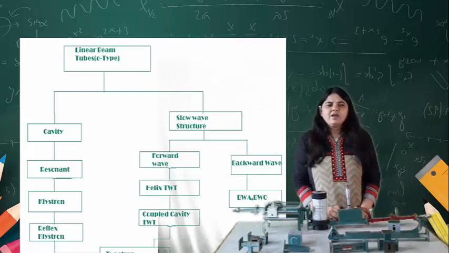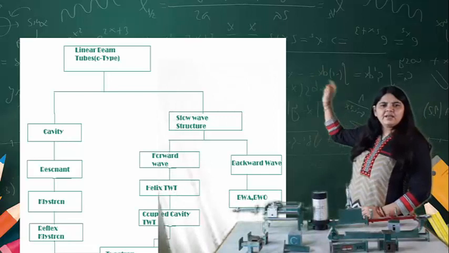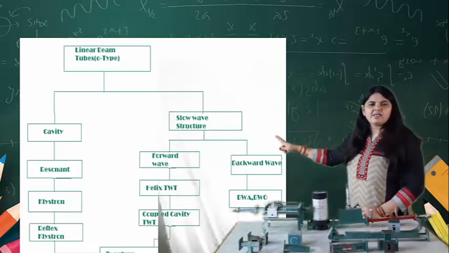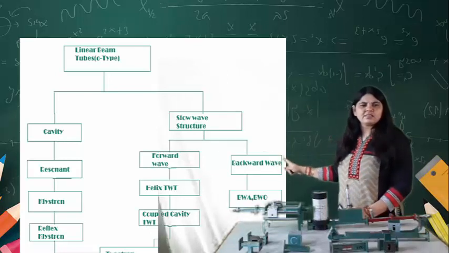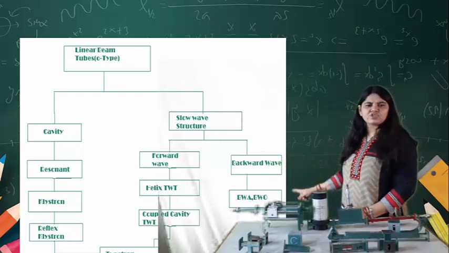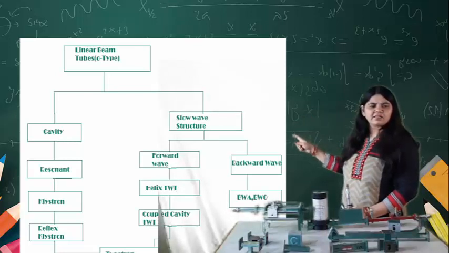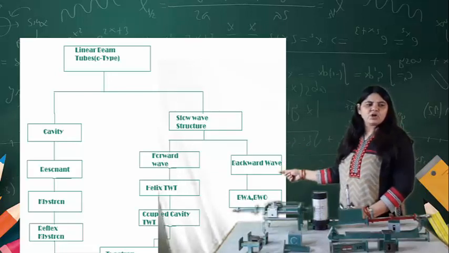Now here you can see in this diagram a linear beam O type tube. It has a cavity resonator. Then the klystron and reflex klystron, and the slow wave structure, forward wave and backward wave. In the forward wave, the helix TWT is included.